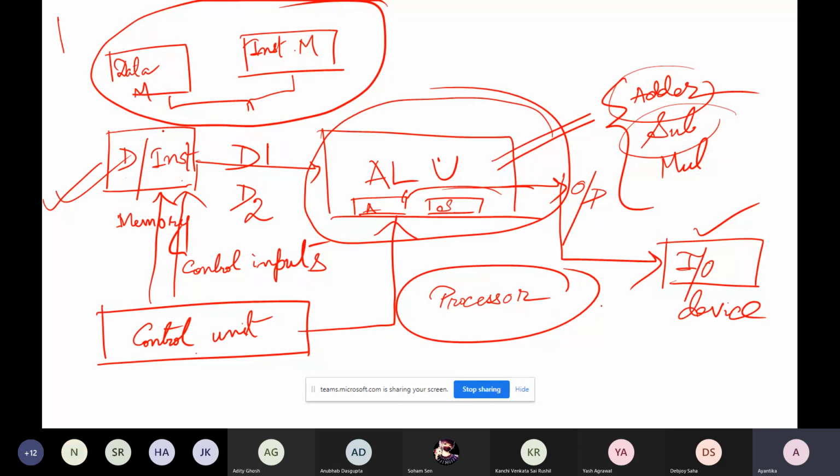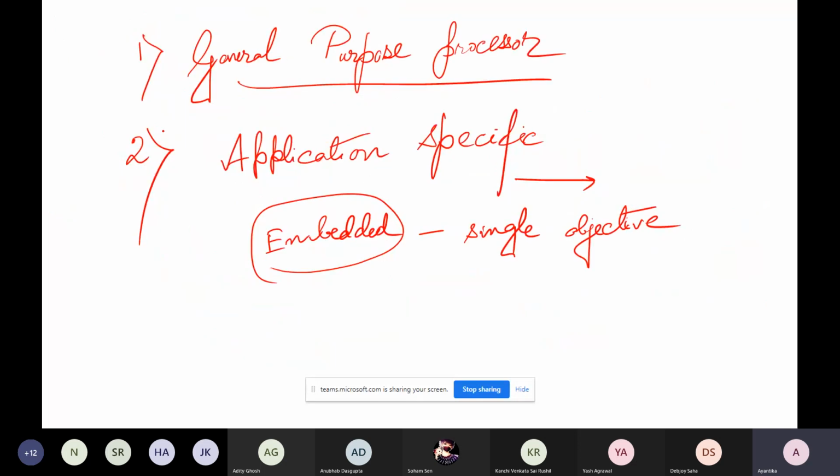There we are executing multiple programs. That means we have to store a huge amount of data and a huge amount of instructions. But in the case of an embedded application, since we have a single objective, a single application running on that embedded processor, we do not need that.